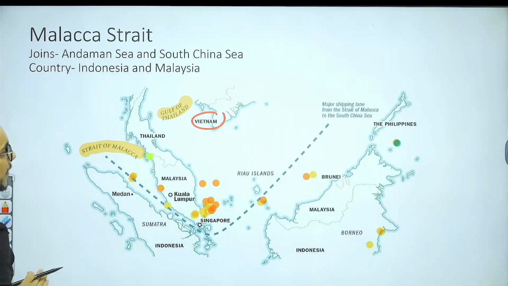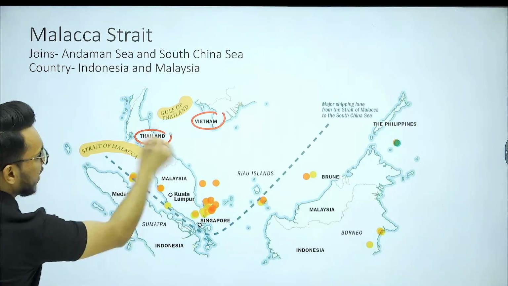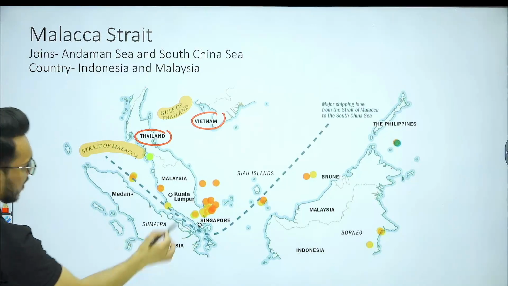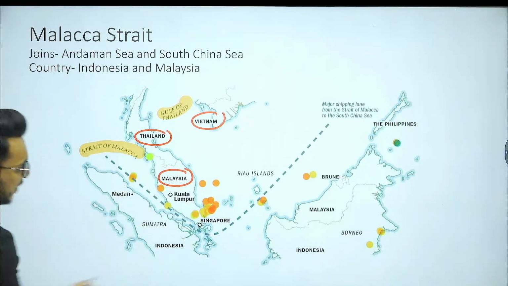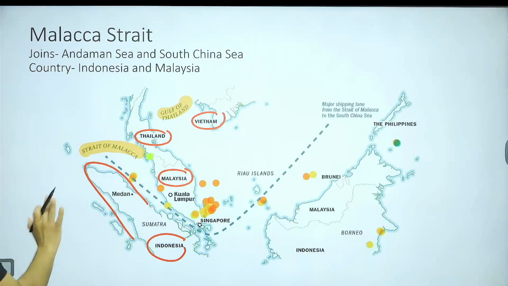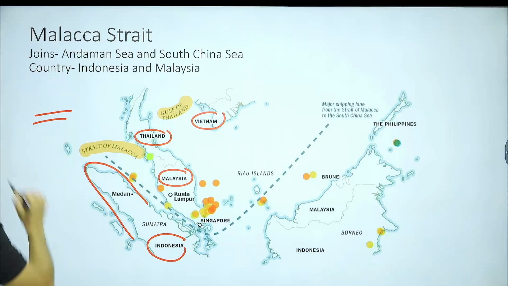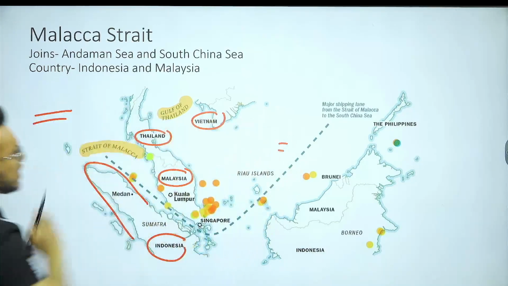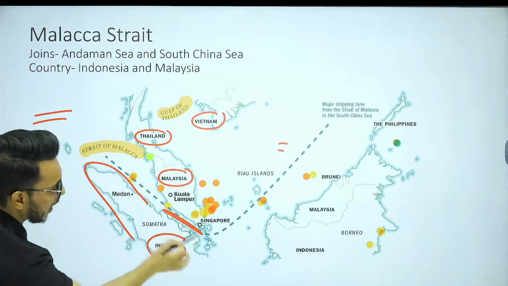In the north we have Vietnam. Then further, we have Thailand, then Malaysia here, and Indonesia. And the Andaman Sea is connected with the South China Sea through the Malacca Strait.